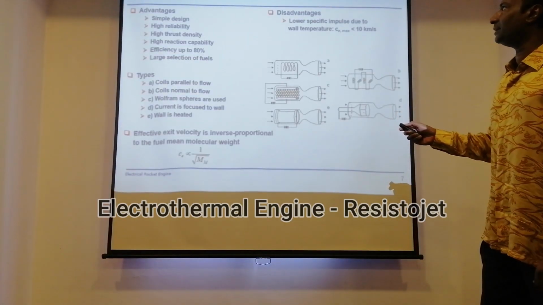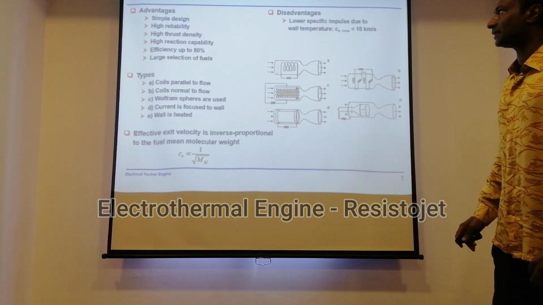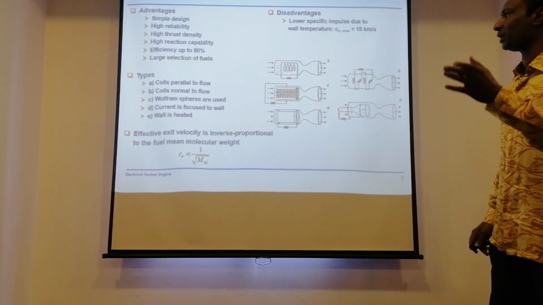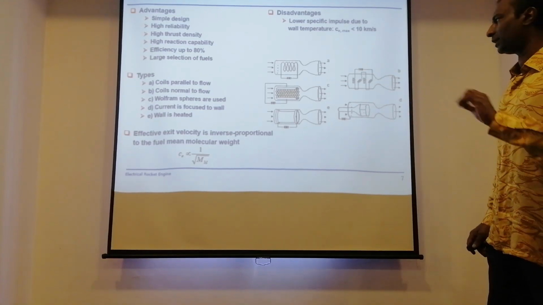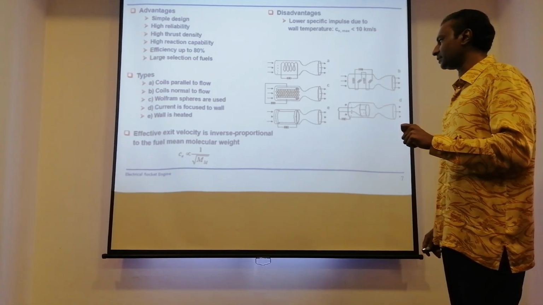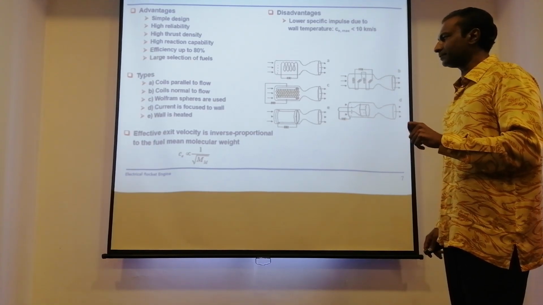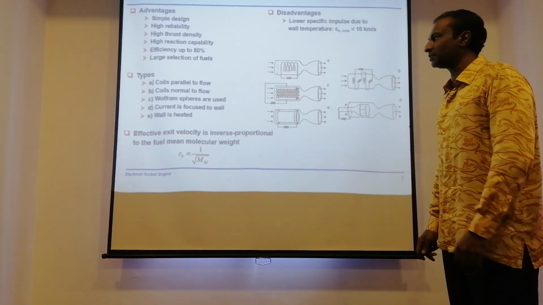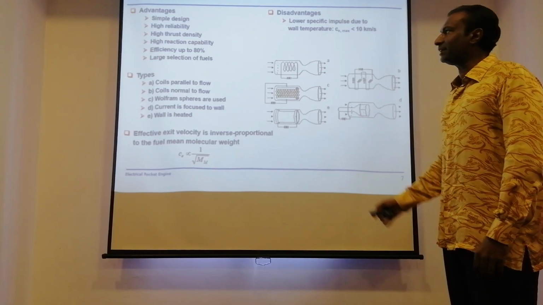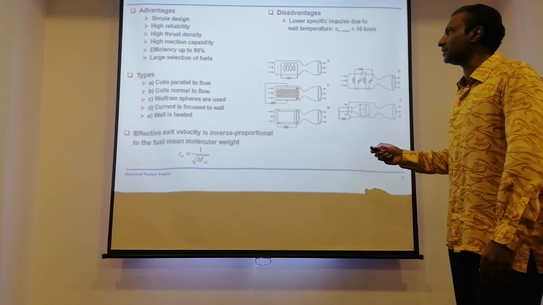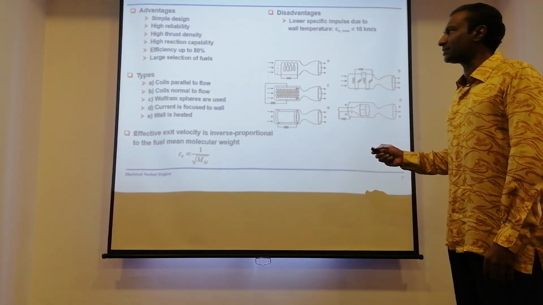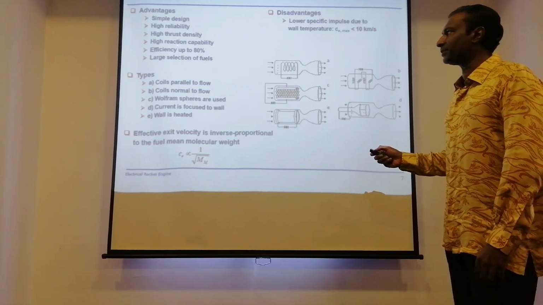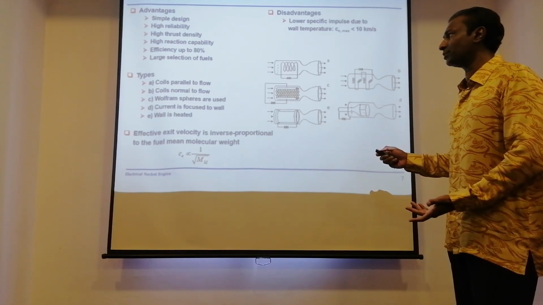Alright, let's start with the electric engine types. Resistojet is the first one. It's the most typical one, not very popular, I would say; it is entry level for an electrical engine. Advantages: simple design, obviously, high reliability, high thrust density, efficiency up to 80%.